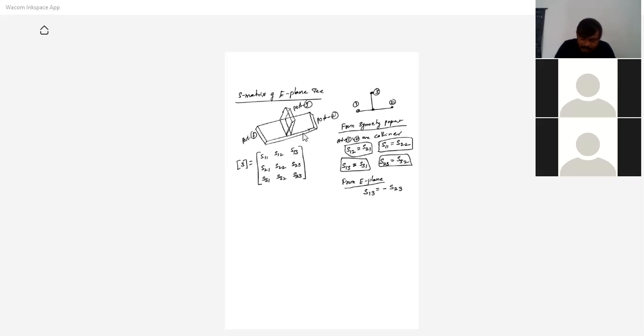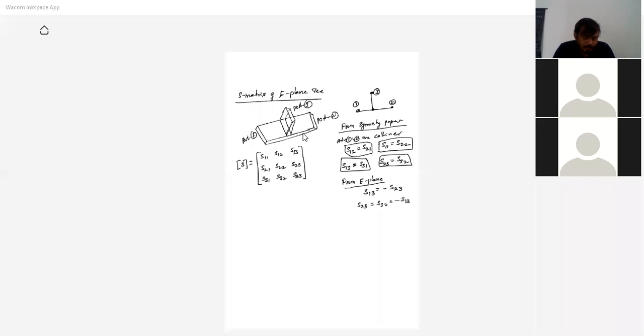Now we can write S23 is equal to S32 is equal to minus S13. This is the change.